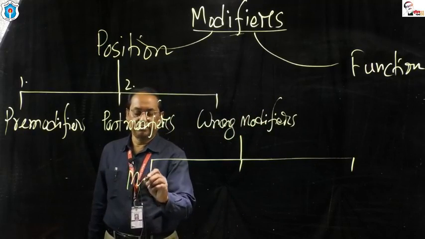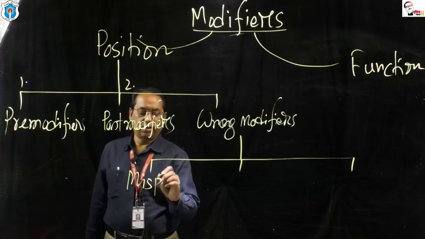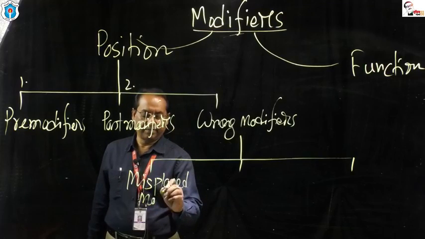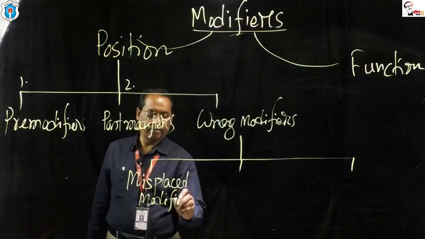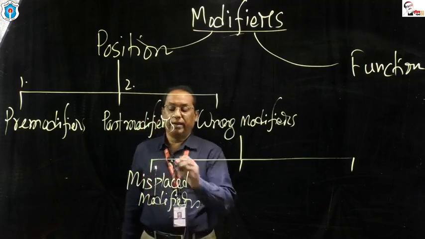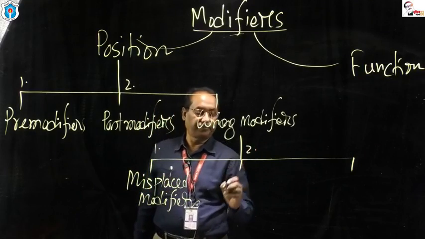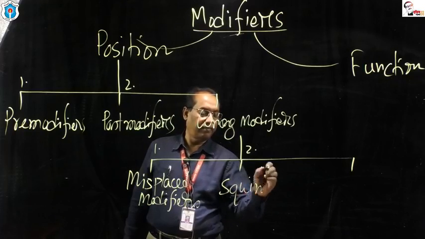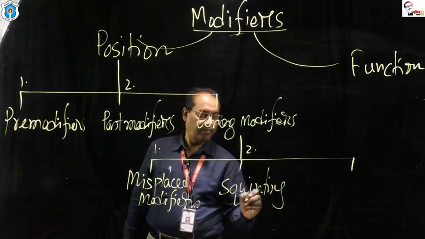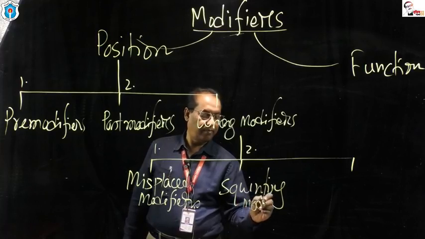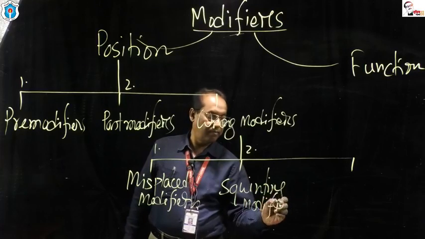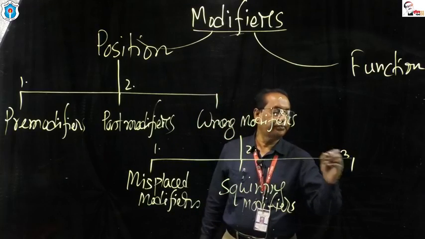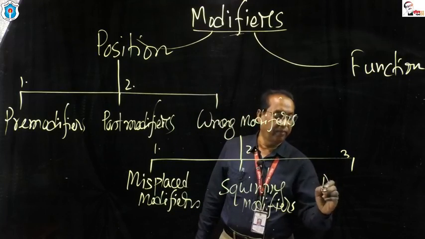For example, number 1, misplaced modifiers. Number 2, squinting modifier. Number 3, dangling modifiers.